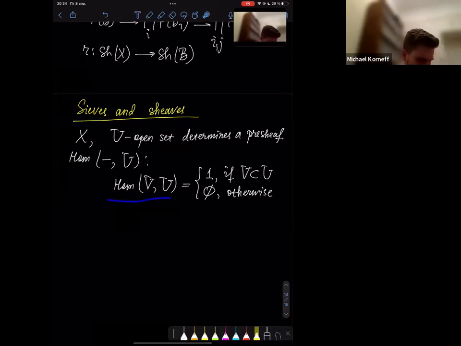This is a simple reformulation of the fact that there is a unique mapping from V to U, the inclusion.